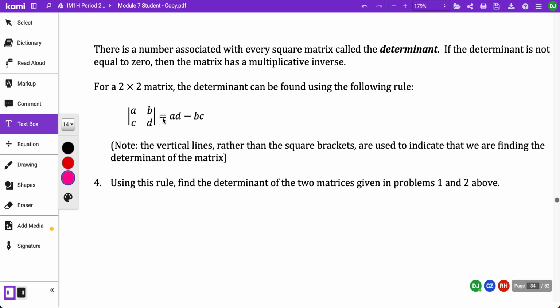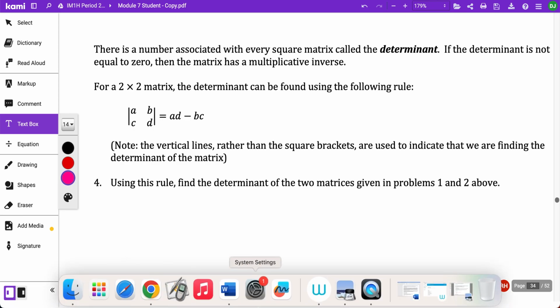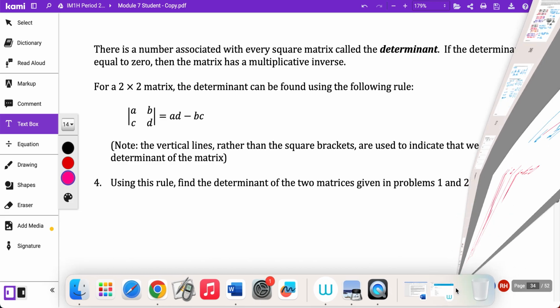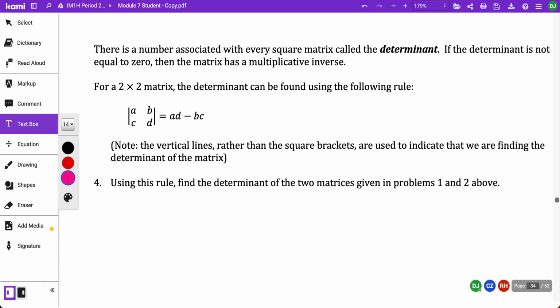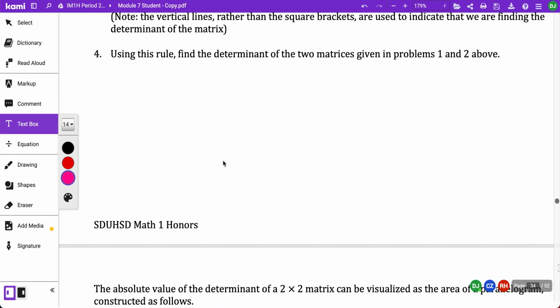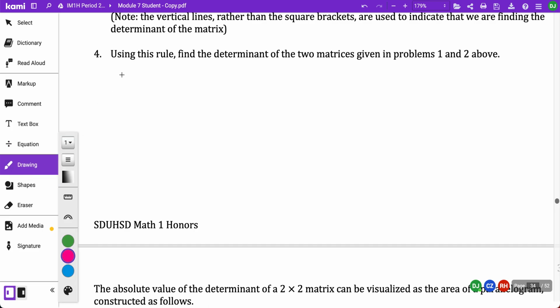Let's go ahead now and look at this. We can easily find the determinant of a 2 by 2 matrix by following this rule. So how would we write this? The first matrix, which I'll write with you, is 5, 1, 6, 2.